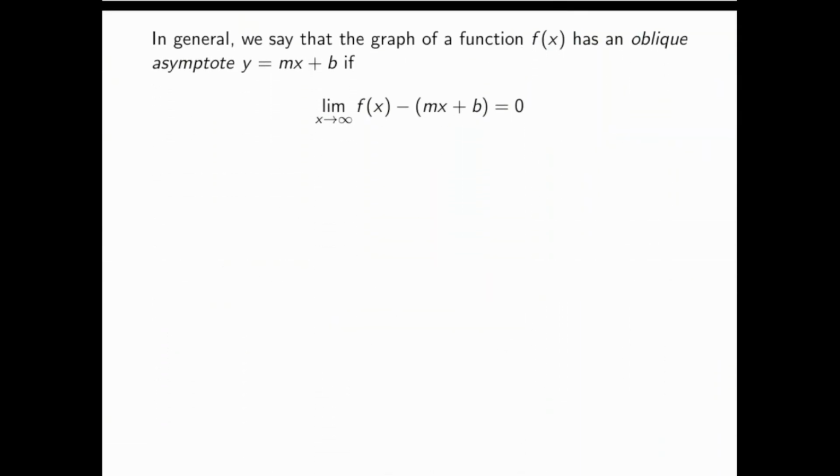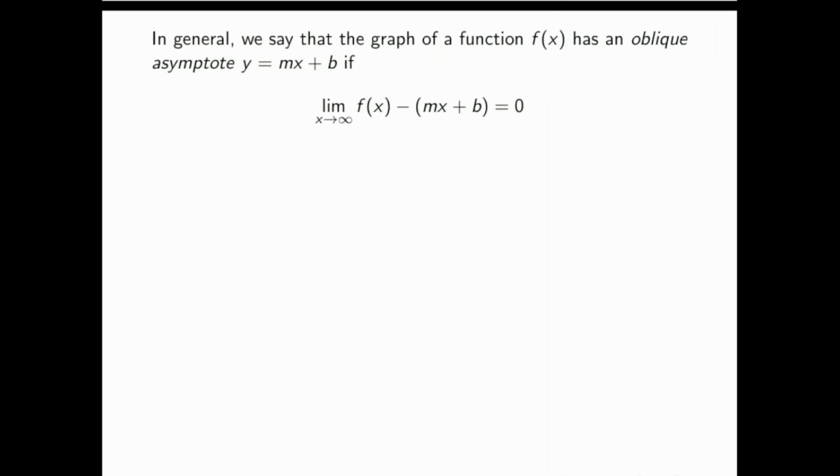Okay, so let's formalize this a little bit more. In general, we can say that the graph of a function f of x has an oblique asymptote with the equation y equals mx plus b if the limit as x goes to infinity of the difference of f of x and mx plus b is 0. So in the limit, their difference is 0.